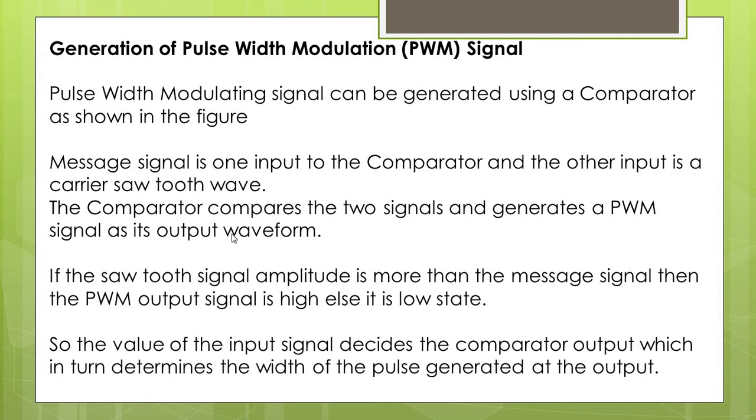If the carrier signal amplitude is greater than the message signal amplitude, then it generates a DC voltage with a magnitude of -1, and if the message signal is greater than the carrier signal, then the output of the comparator will be +1. So at the output of the comparator, we get only two values, that is +1 or -1.